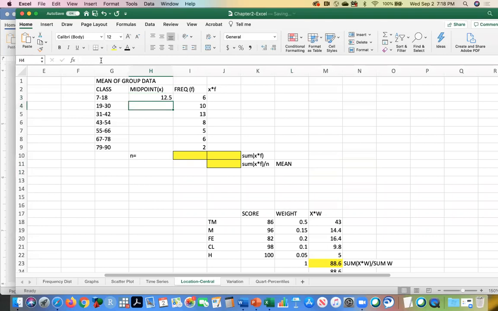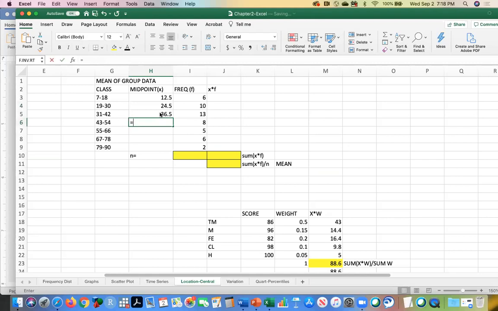In this case, I have to do it by hand because those numbers are not a simple cell. So I have to type them. 19 plus 30 divided by 2. So this is the second midpoint. Then 31 plus 42, so I am adding these two numbers, divided by 2.